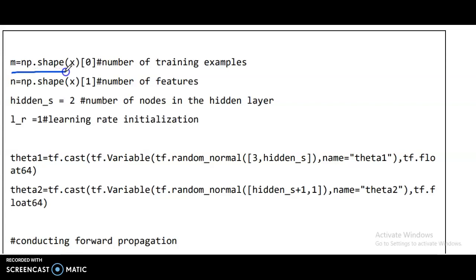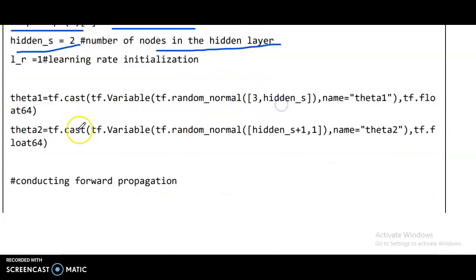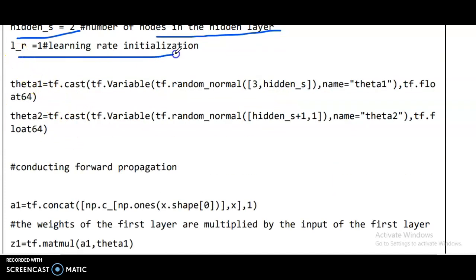M equal to NP shape of X of 0, number of training examples. N equal to NP shape of X of 1, number of features. Hidden_S, 2, number of nodes in the hidden layer. lr, 1, learning rate initialization. Theta1: TF cast, TF variable, TF random normal, 3 comma hidden_S, name theta1, TF dot float 64.